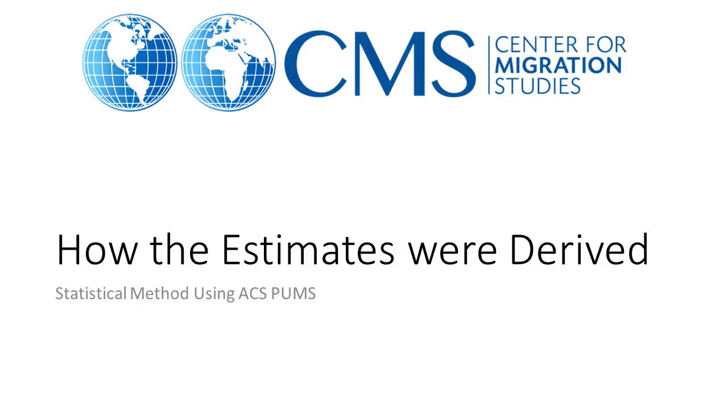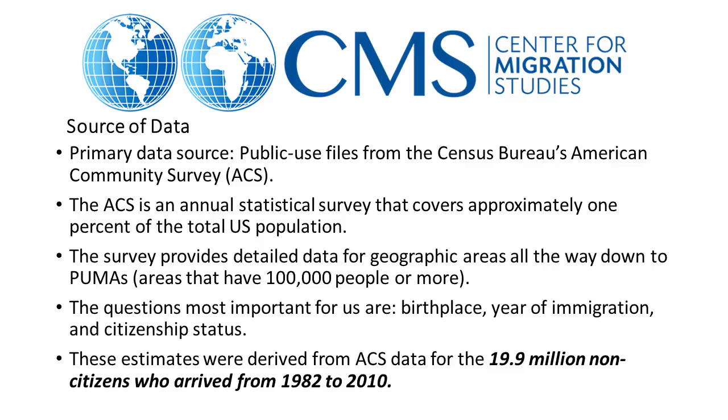Looking at the next slide, the sources of data. To make these estimates, we use public use files from the Census Bureau's American Community Survey. It's an annual survey. It's a very large survey that covers approximately 1% of the U.S. population.